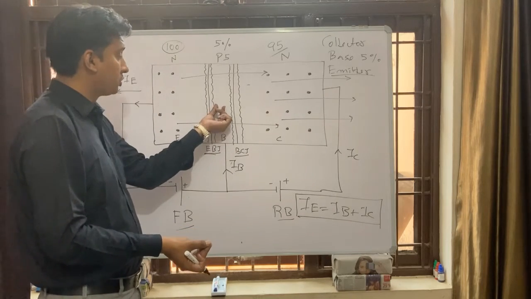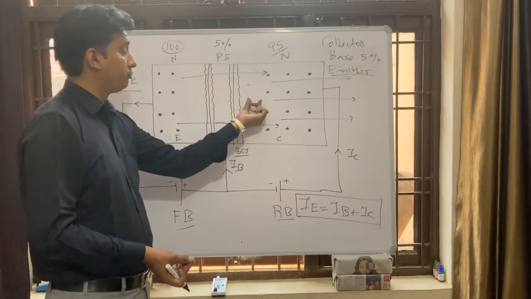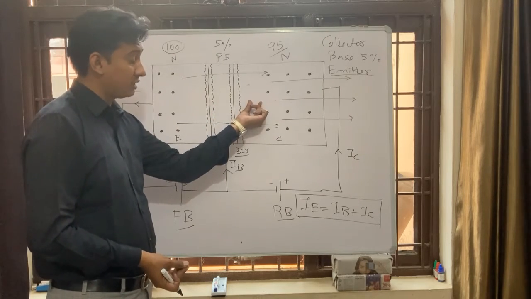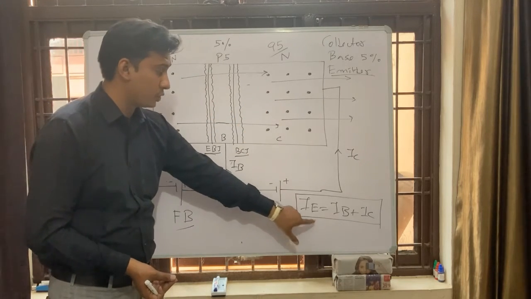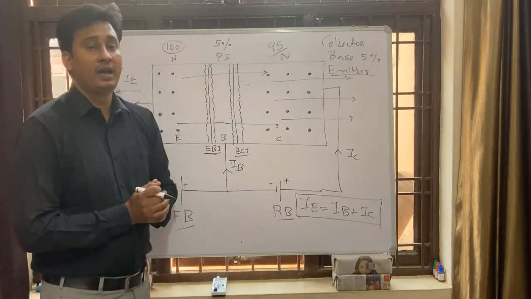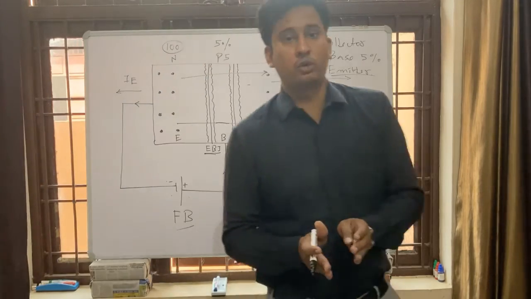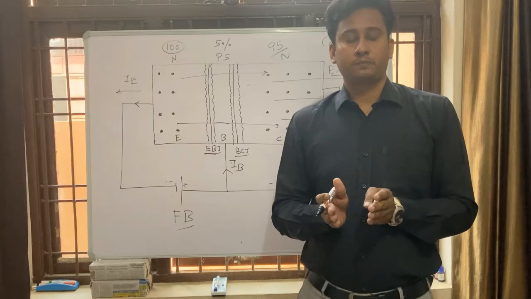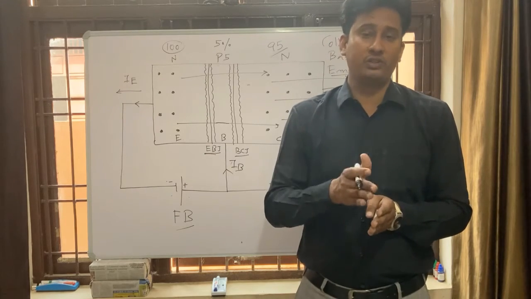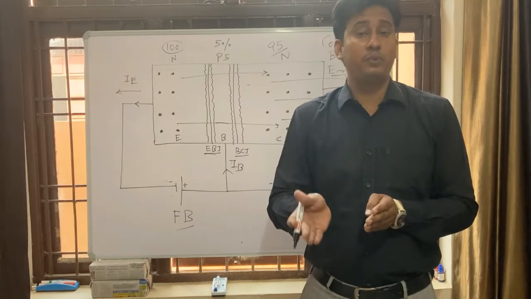It also forms the base current and the collector current, which gives rise to the equation IE equals IB plus IC. Hence, you understood the working of the bipolar junction transistor in the NPN mode.